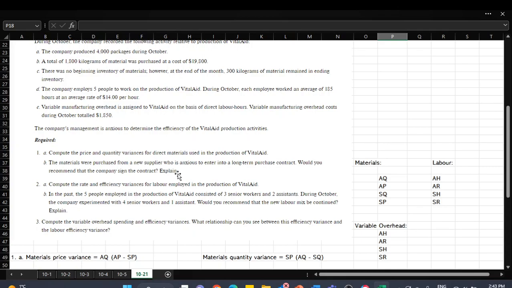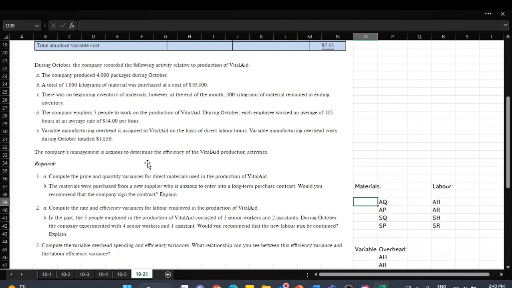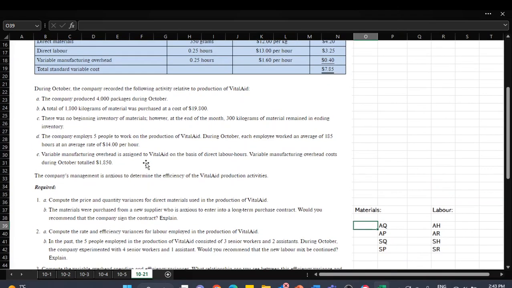So the first part of this is to pull the relevant information from the question for the formulas that we're going to be using. When it comes to materials, we're going to start by looking at our actual quantity, our actual price, standard quantity, and standard price. If we go back to the question, we can see that a total of 1,800 kilograms of material was purchased at a cost of $19,800.